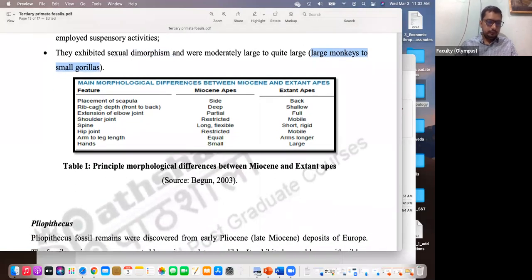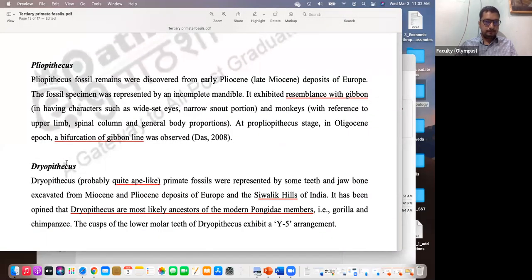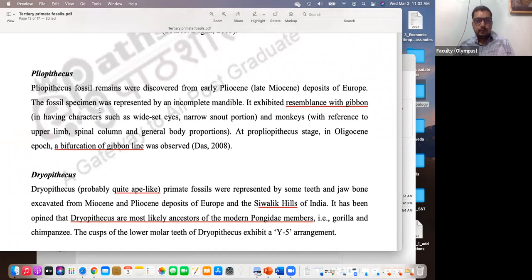Within them, we can see Pliopithecus, which were deposits found in Europe. Especially the mandible part was mostly found here.